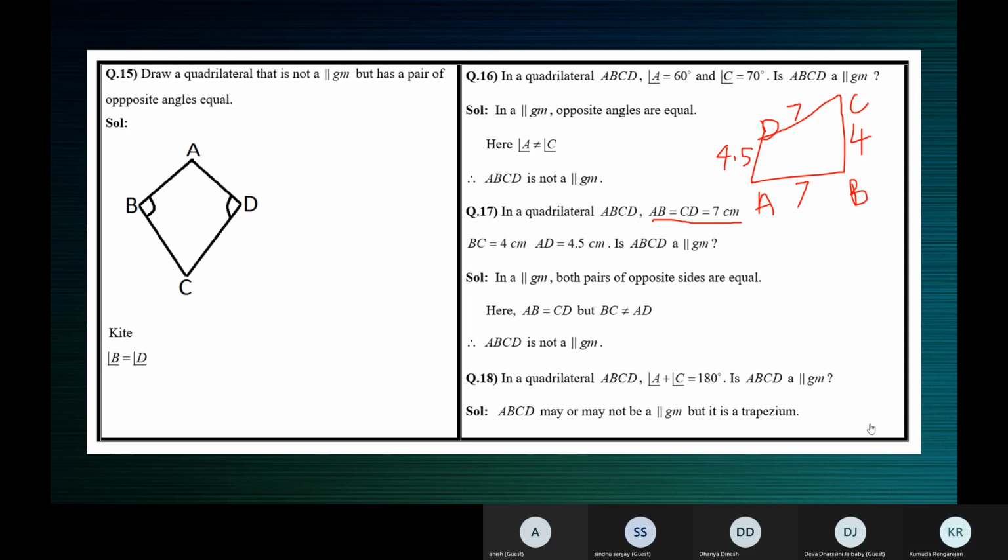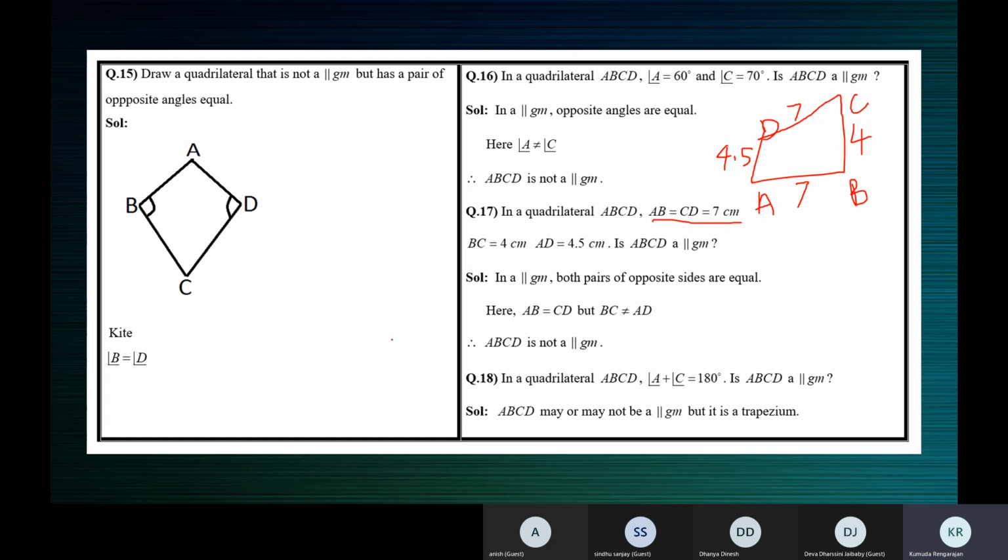See the 18th one. In a quadrilateral ABCD, angle A plus angle C is 180.